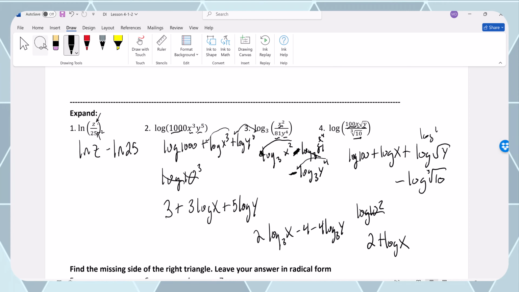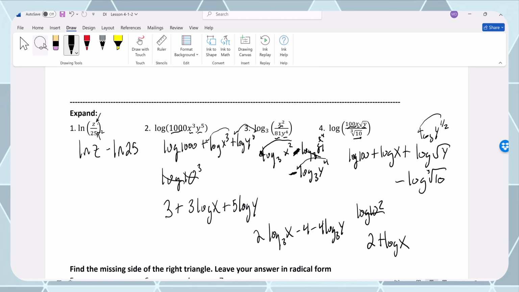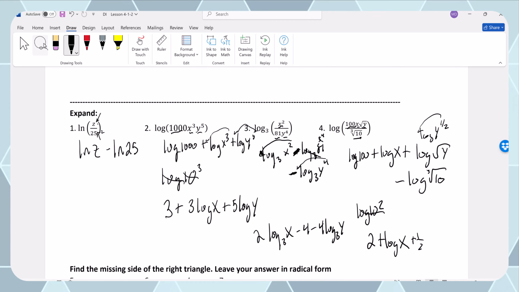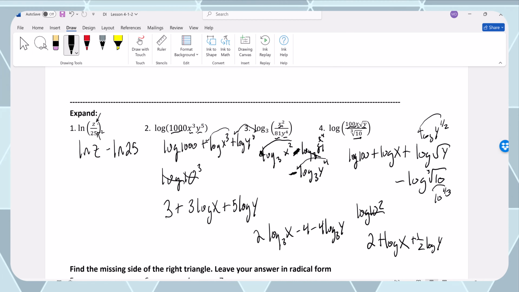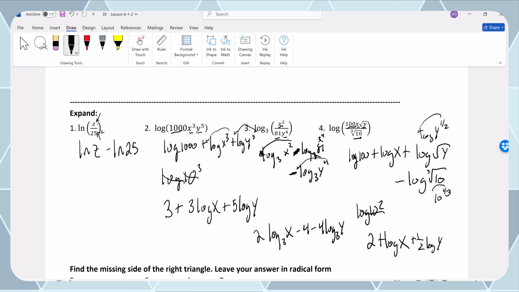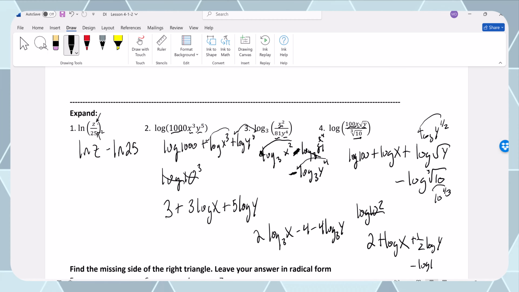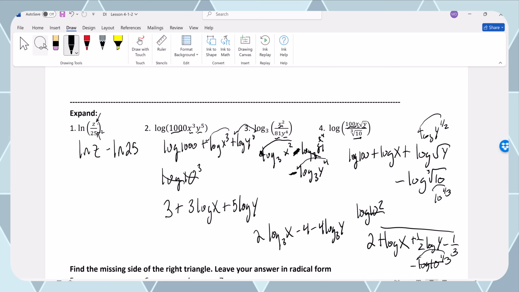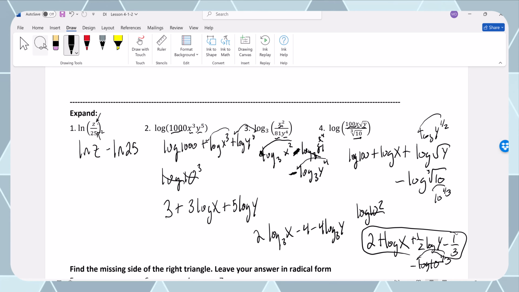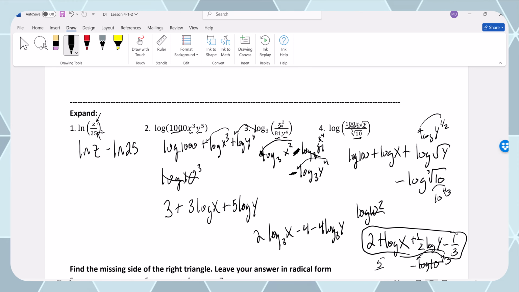This is log y to the 1/2, so move that to the front. So plus 1/2 log y. And this is 10 to the 1/3, move the 1/3 to the front. So that's going to be minus log 10 to the 1/3. That goes to the front. The log 10 cancels out, so it's just minus 1/3. Combine the 2 and the 1/3 together if you want into 5/3.